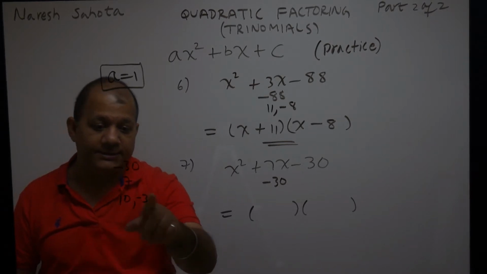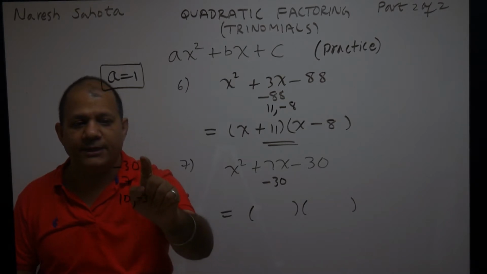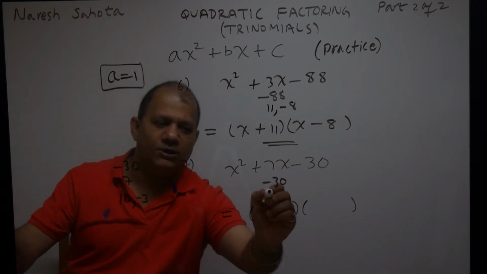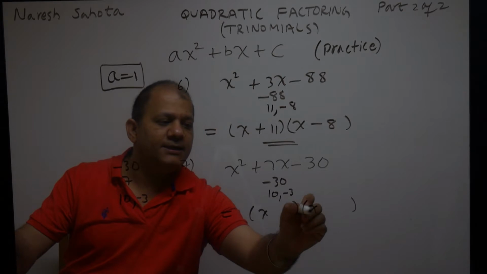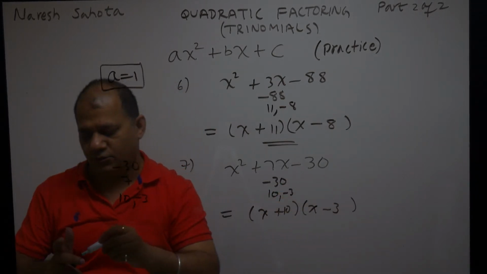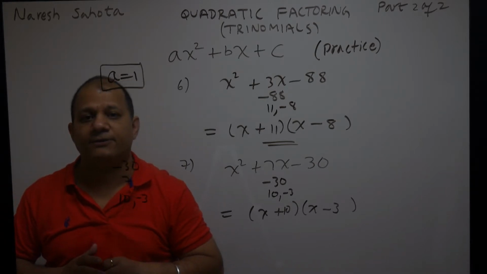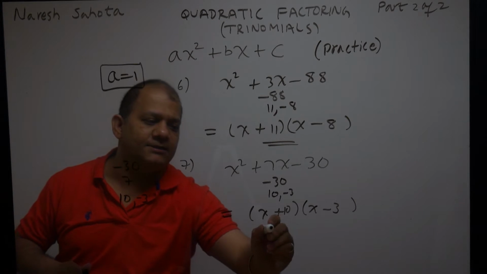Let's see if it works. 10 times negative 3 is negative 30. 10 take away 3 is 7. So yes, it works. So 10 and negative 3. So x and x, and now we have plus 10 minus 3. Those are the factors. x plus 10 and x minus 3 are the factors. Okay, and that's the final answer.